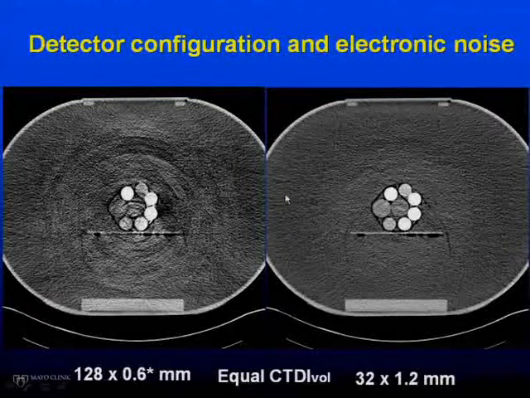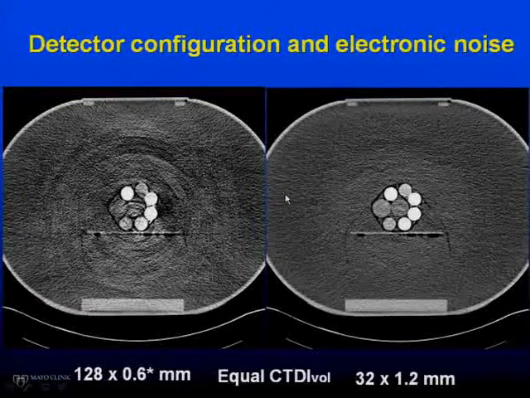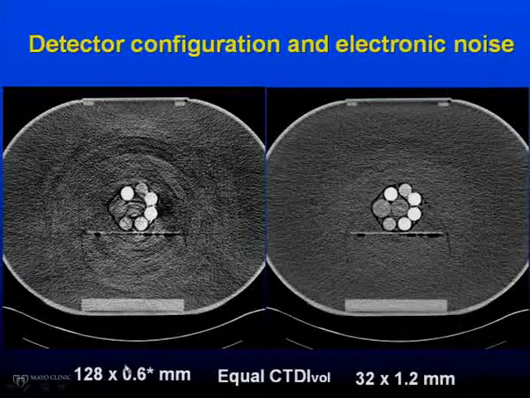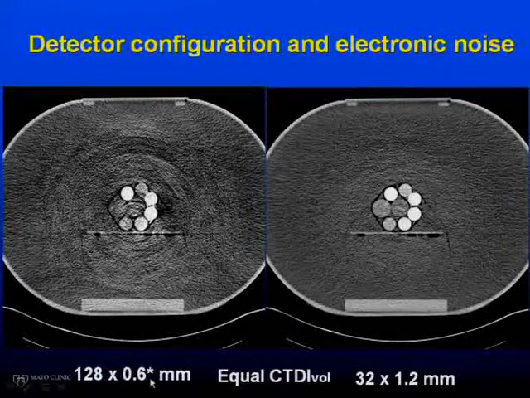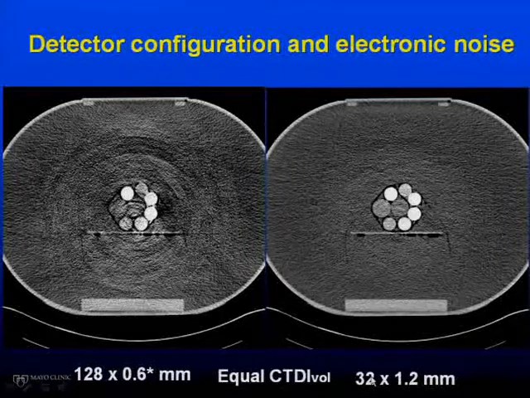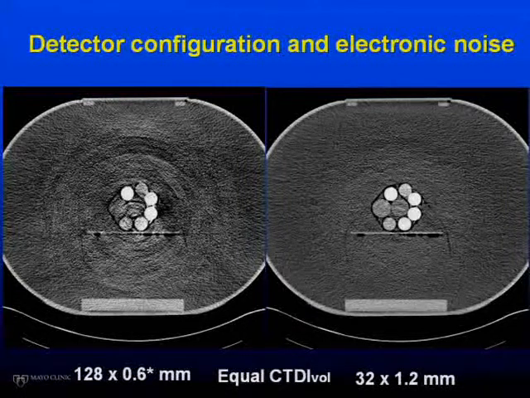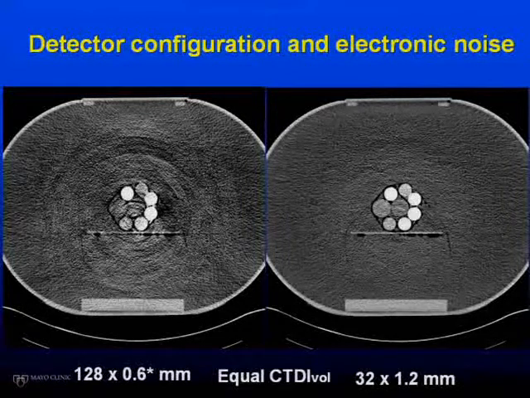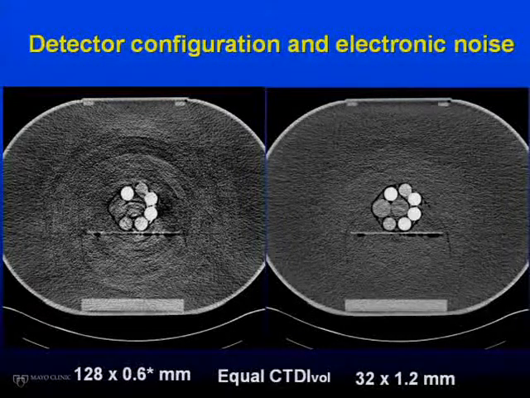Exactly the same volume CTDI and the same physical detector collimation, but one with 128 by 0.6 millimeter, here there's a flying focal spot, and the other one with 32 by 1.2 millimeter. So you can see the big difference in image quality. This has an important implication when you design the scanning protocols for an obese patient.